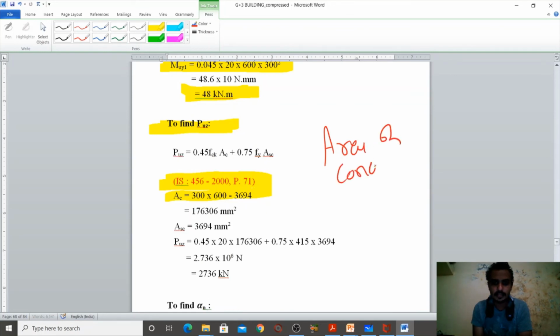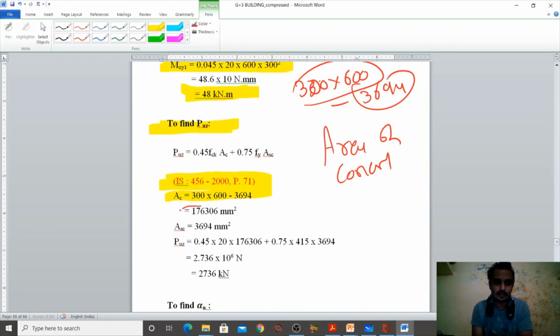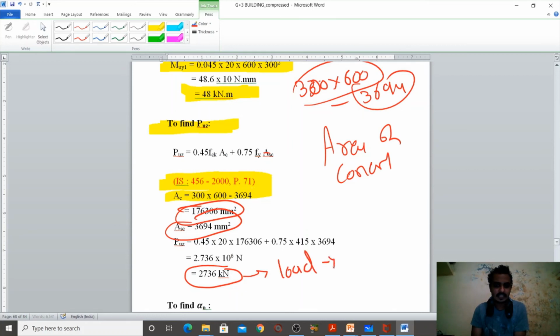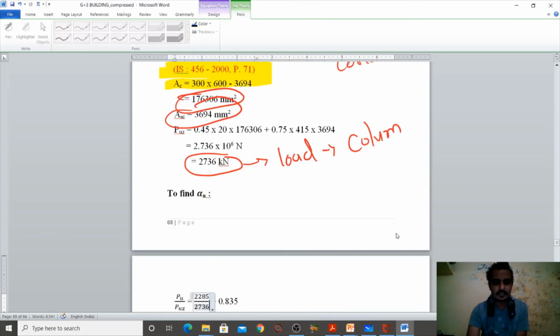The concrete area is 300 by 600, but we have to remove the steel area which is 3694. Subtracting these two values, we find the area of concrete. So PUZ is 2736 kilonewton. This load can be carried by the column which we design.